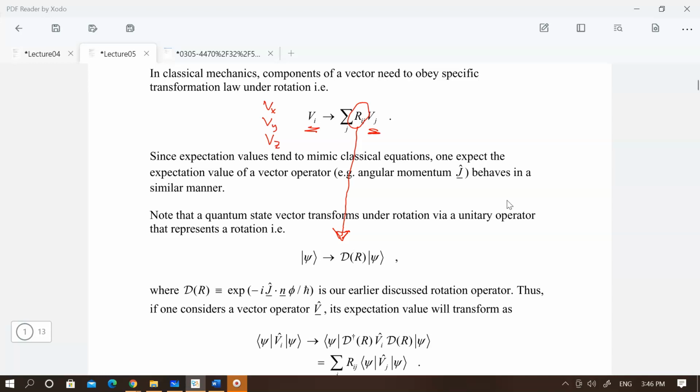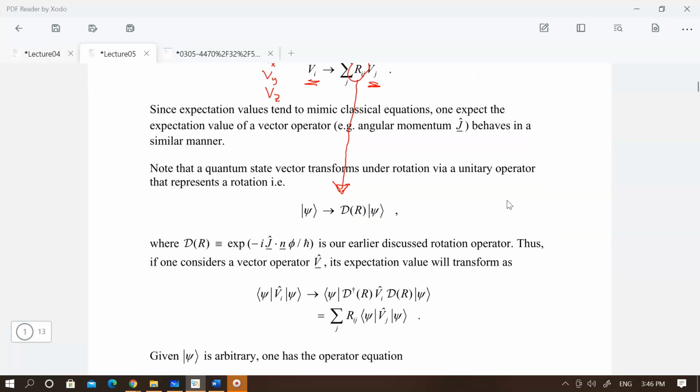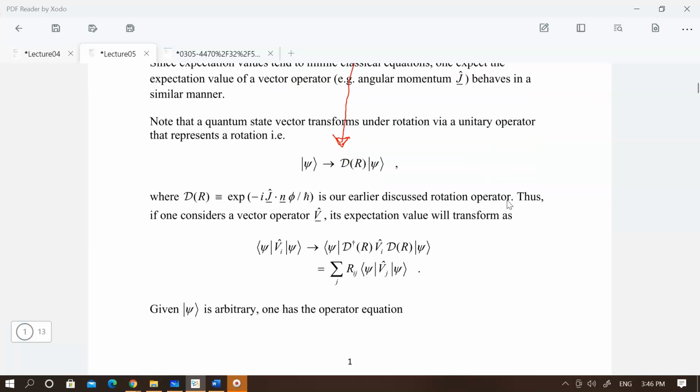Okay. So how is this going to be done? It is to consider the expectation value of the set of components here. So here's a set of operators corresponding to the components of the vector Vx, Vy, Vz.